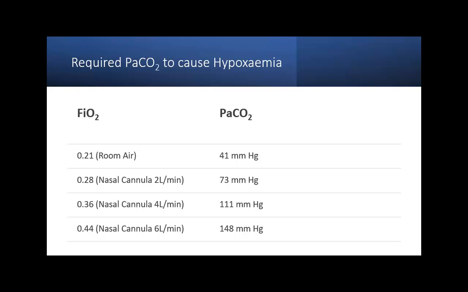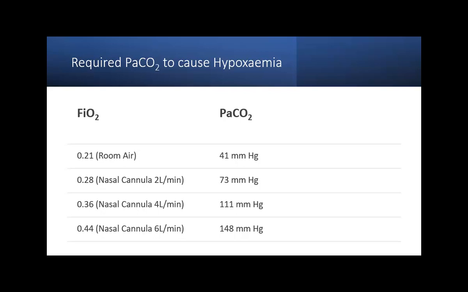If you've given the patient any oxygen, so if you even give nasal cannula 2 liters per minute, your CO2 needs to go up to 73 before you become hypoxic. If you give 4 liters per minute, it needs to go up to 111 before you become hypoxic. And if you give 6 liters, it needs to go up to 148.